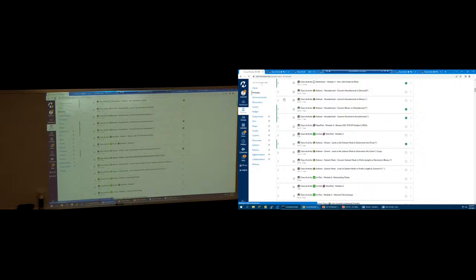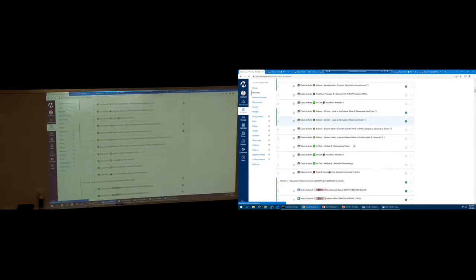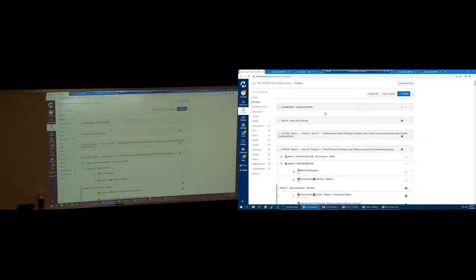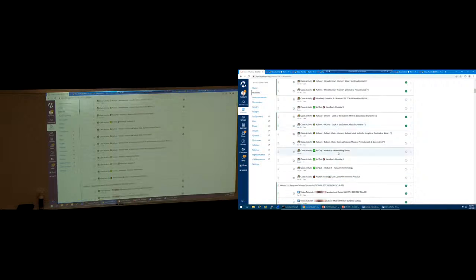If you refresh your screen, it should be in there. Again, most of these are just for participation, unless you're really slacking and not doing anything. You should see the one that says increment. Look at the subnet mask increment.